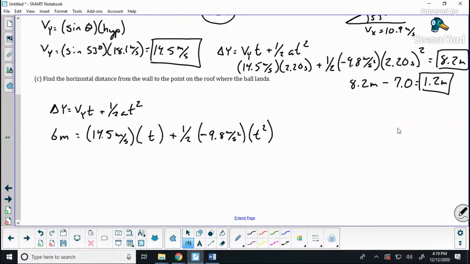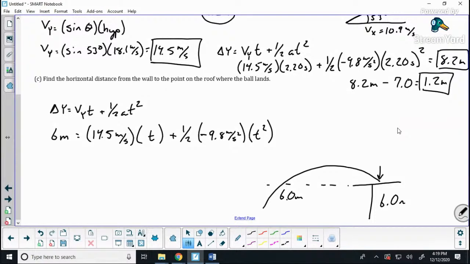And the reason I'm solving for time is because on its way up and on its way down, if this is my 6 meters, it's going to reach that 6 meters twice. So I have to find out at what point in time it's going to be at the second height of 6 meters on the way back down.